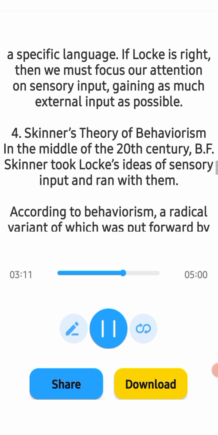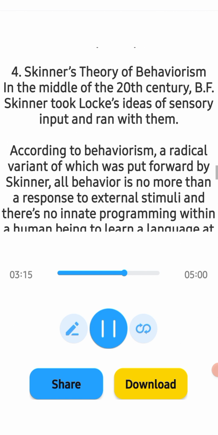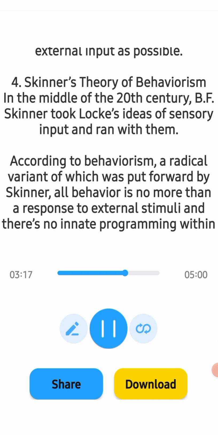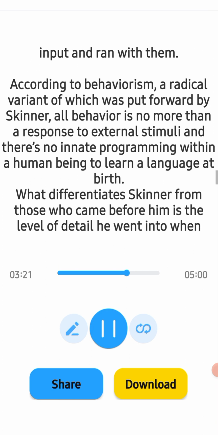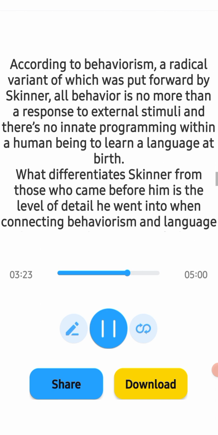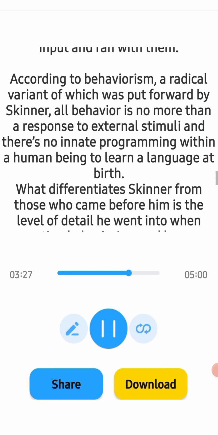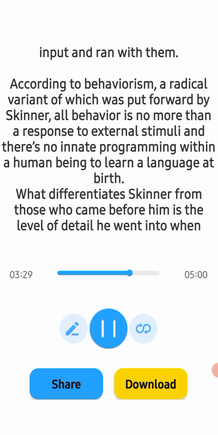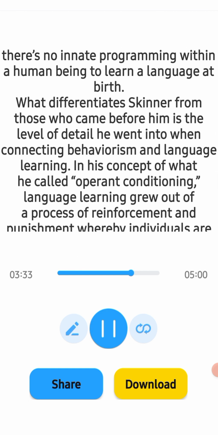4. Skinner's theory of behaviorism. In the middle of the 20th century, B.F. Skinner took Locke's ideas of sensory input and ran with them. According to behaviorism, a radical variant of which was put forward by Skinner, all behavior is no more than a response to external stimuli, and there's no innate programming within a human being to learn a language at birth.